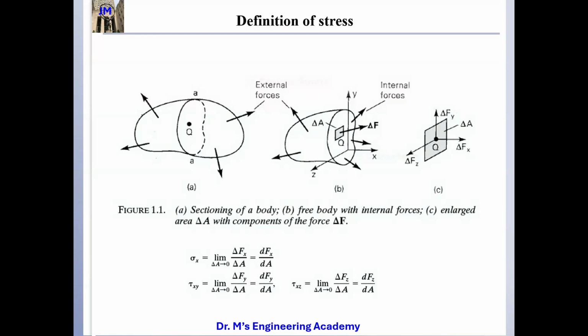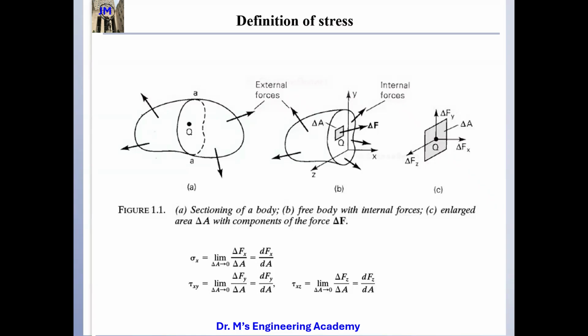We call this the normal stress. Normal means that the direction is perpendicular to the plane of interest. These two are called shear stress. Shear stress means their direction is parallel to the plane. Right? Questions? No questions.